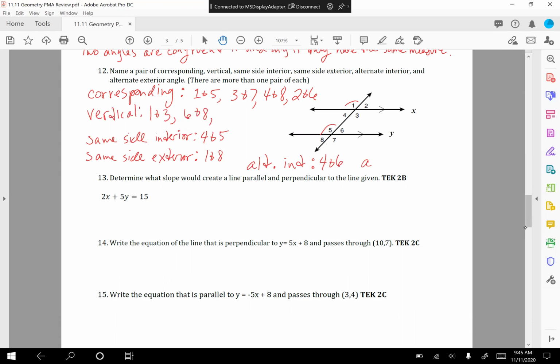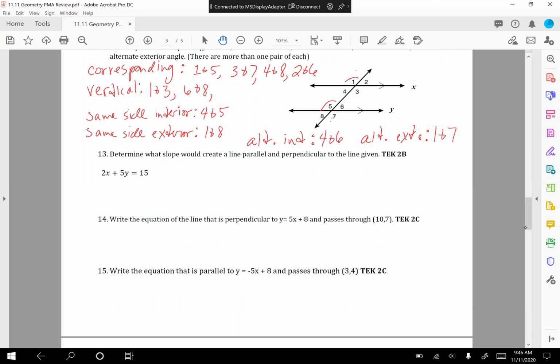And then alternate exterior: 1 and what? 1 and 7, right? Yeah, 1 and 7. Okay, so just remember those kinds there. All right.